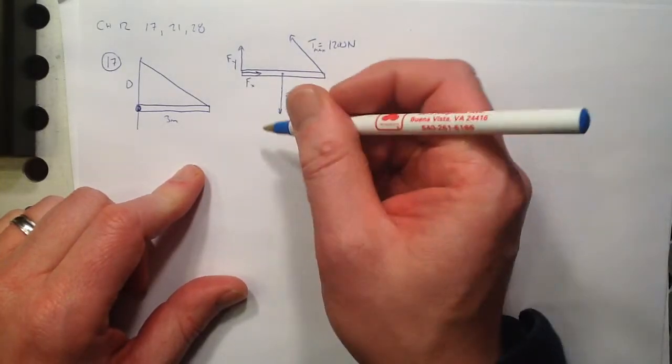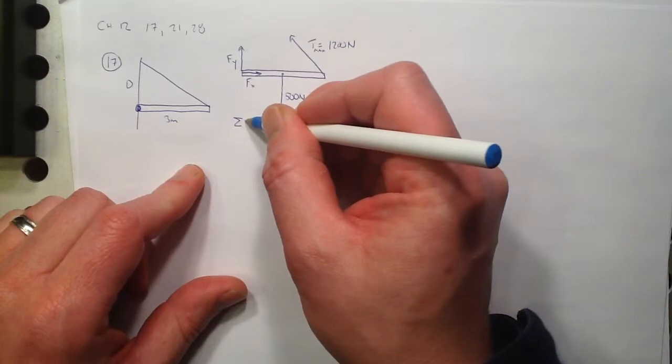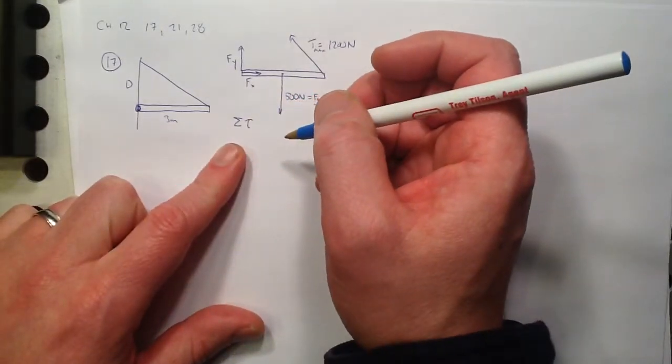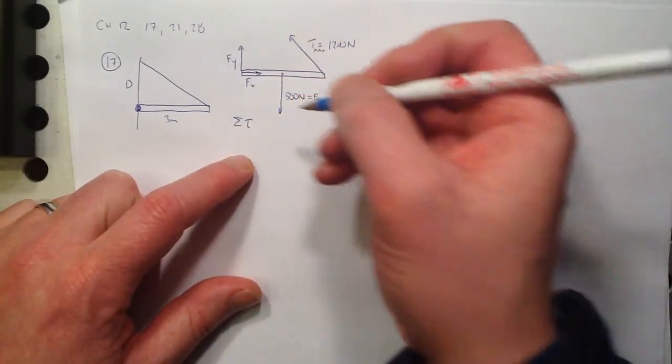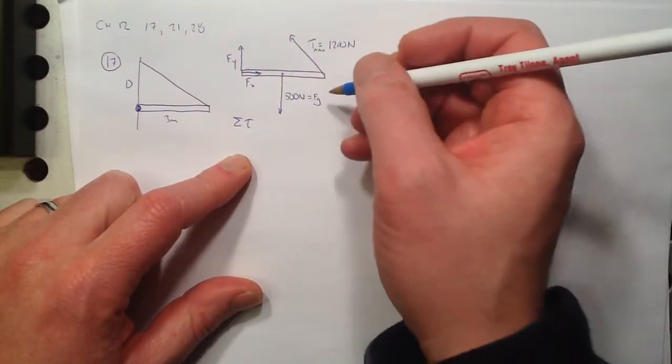Let me write my equations here. I'm going to start with the net torque equation because I think that might solve all our problems right there. We may have to do further math from there. We may have to set up the net force for the horizontal, net force for the vertical.